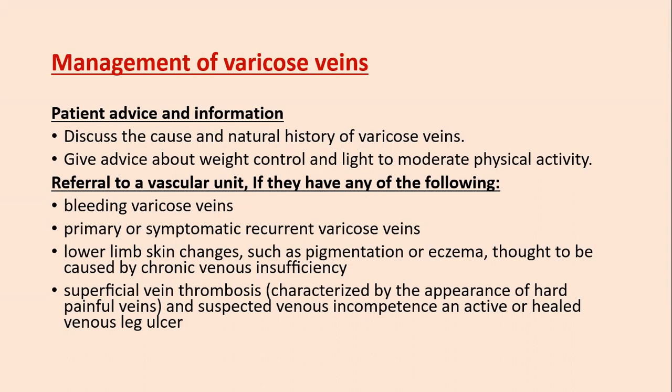Then it is important that the patient should be referred to a vascular unit if there is any of the following: bleeding from the varicose veins, primary or symptomatic recurrent varicose veins, lower limb skin changes like pigmentation, eczema, which show chronic venous insufficiency, or signs of superficial vein thrombosis characterized by hard, painful veins, and suspected venous incompetence, an active or healed venous ulcer.